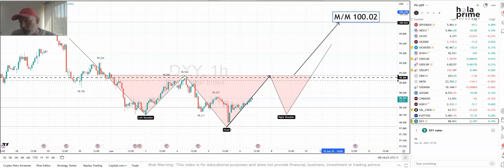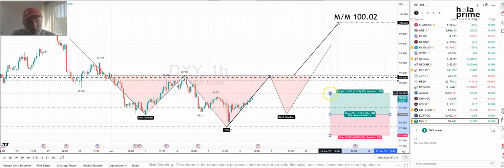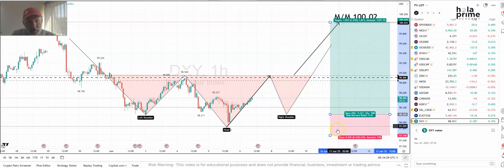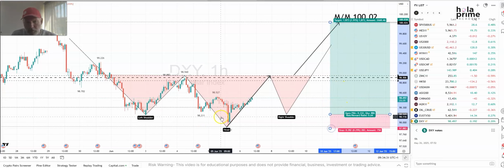Why is this important? It's important because if I'm trying to buy the right shoulder, I have a target level, I have a stop loss because it's underneath the head, I have a risk reward factor. So I'm planning the trade, I'm trading the plan, I know what my entry is, I know what my stop loss is, I know what my target is. I've got a plan.